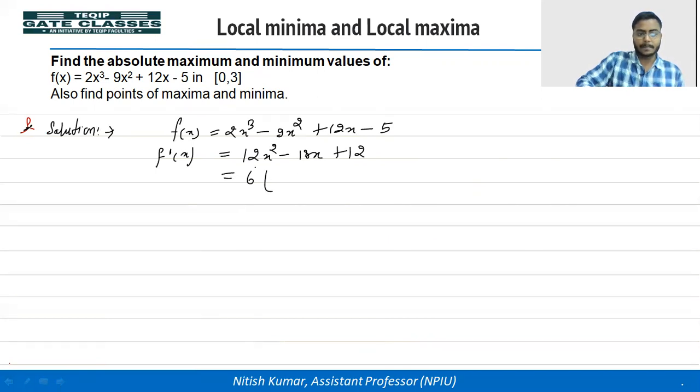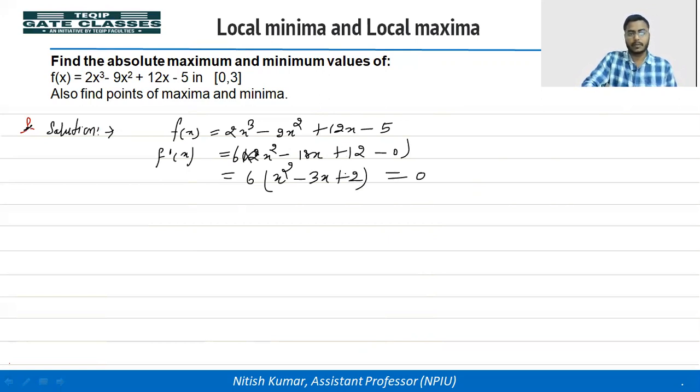So 6x square, 9 into 2, 18x, 12, and this minus 0. So we can take the 6 common, it will become x square minus 3x plus 2 equal to 0. Or we can write x square minus 3x plus 2 is equal to 0.